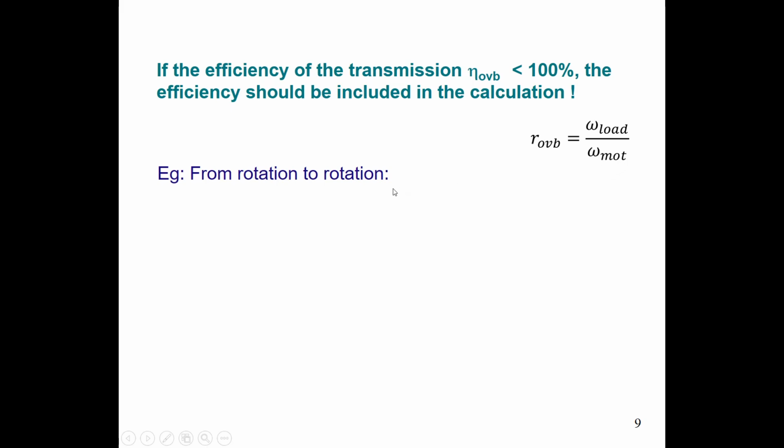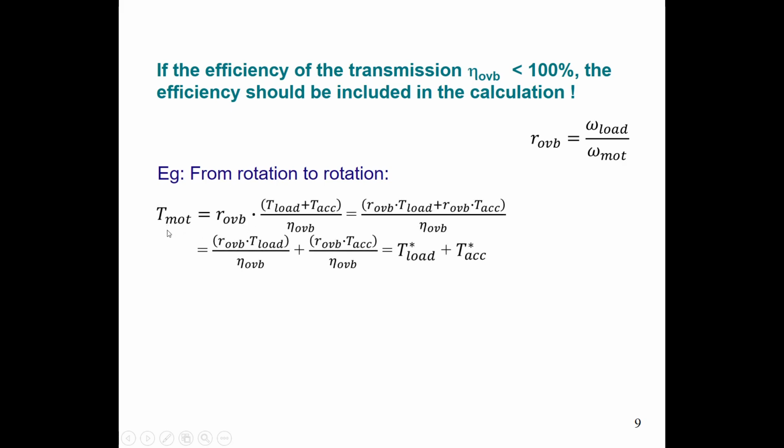When this is the case, and I'm going to calculate it for a dynamic system, so I also take acceleration torque into account, we can say that the motor torque equals the combination of the load torque and the acceleration torque multiplied by the transmission ratio.